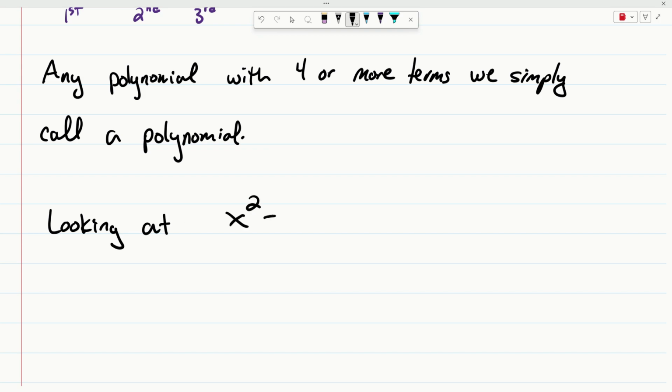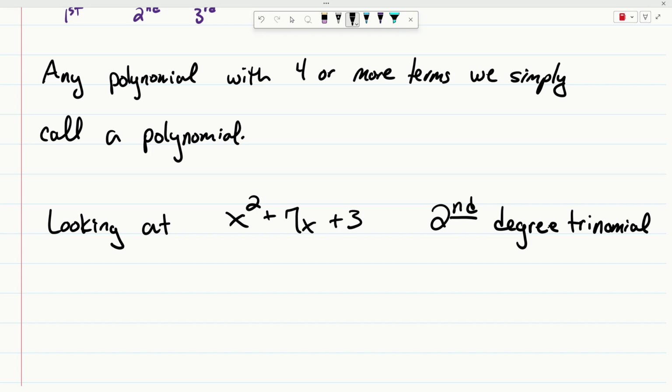Now, if we looked at x to the 2nd plus 7x plus 3. Okay, we know this is a trinomial, but this is what we call a second degree trinomial. Now, what makes it second degree is the highest exponent. All right.